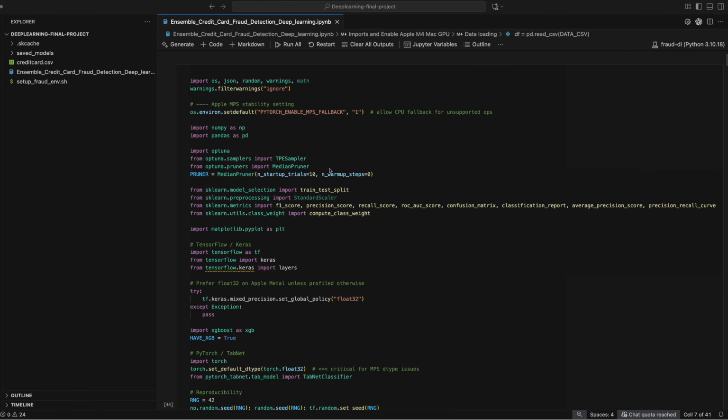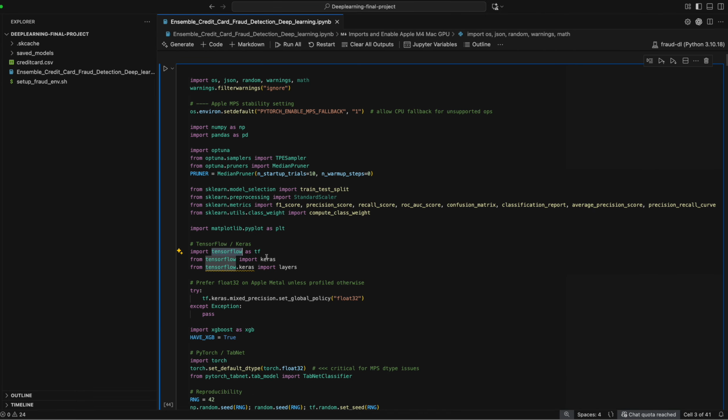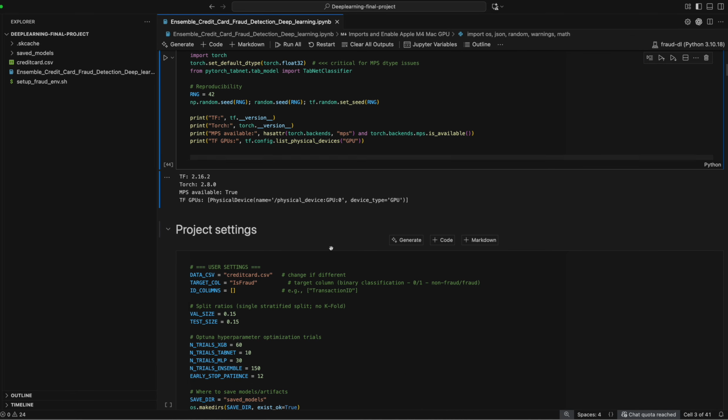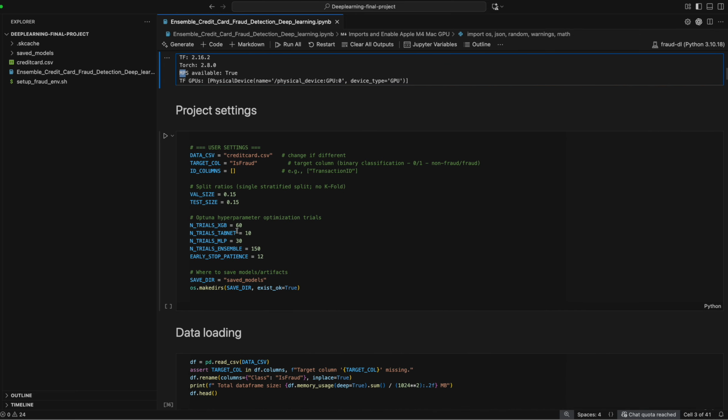So these are the imports. I needed TensorFlow for deep learning, and I've enabled the GPUs, which we call MPS, on the Mac Metal for GPUs. Then these are the project settings. This is the credit card CSV that I've downloaded locally from Kaggle, and this is the target column, which is fraud or not fraud, which we are trying to figure out.